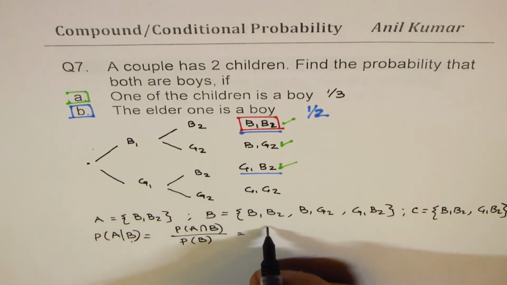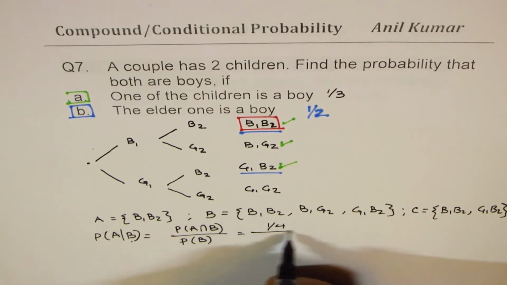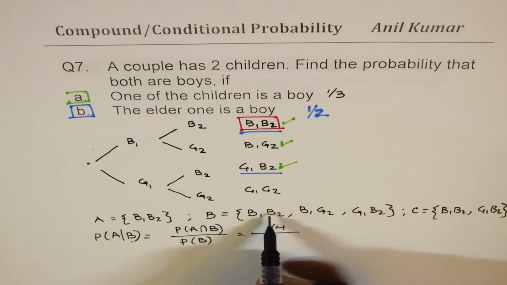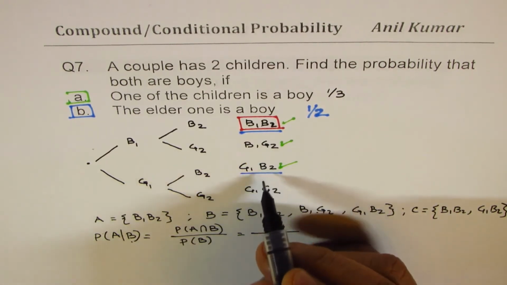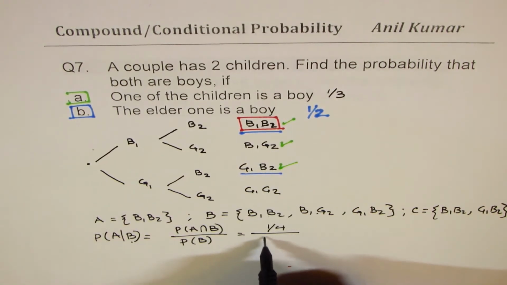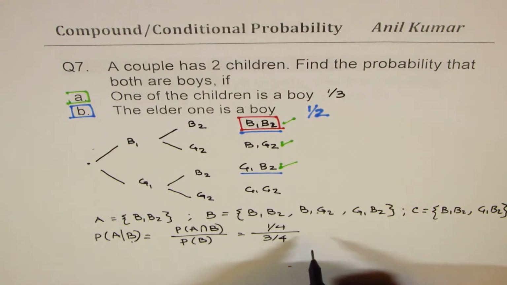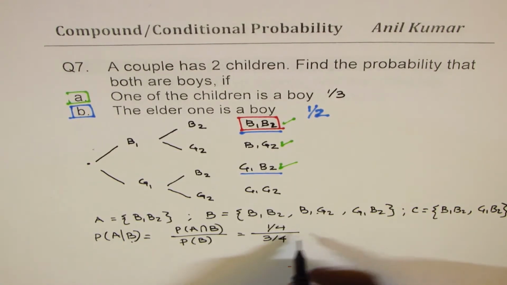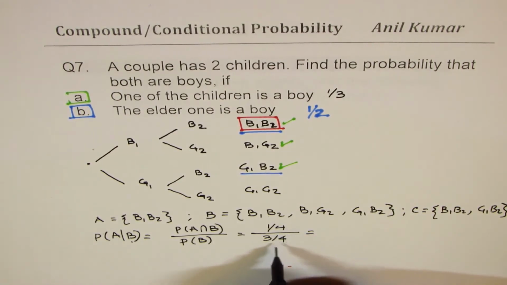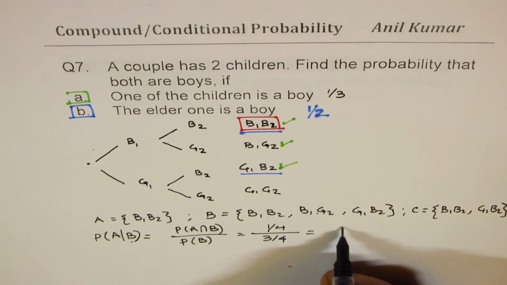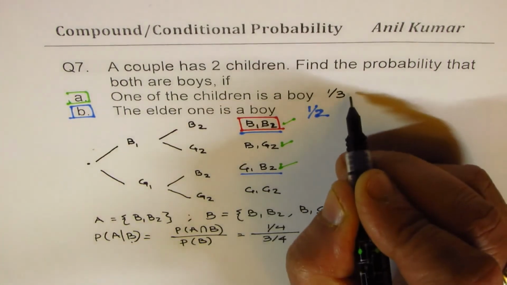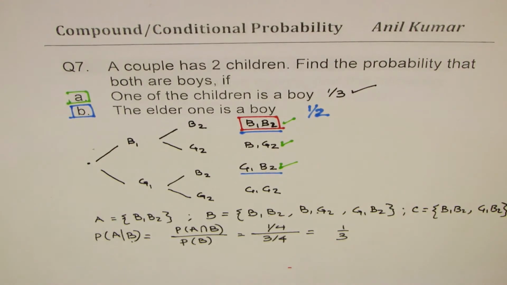We can write this as 1 out of 4, divided by probability of B, which is 3 out of 4. These are the 4 combinations. So 1 out of 4 divided by 3 out of 4 is 1 out of 3, which is what we got earlier.